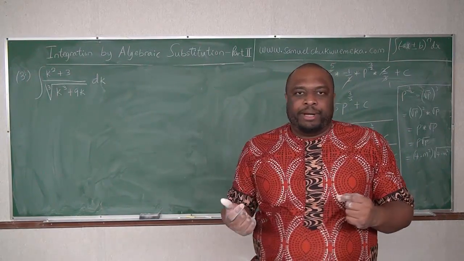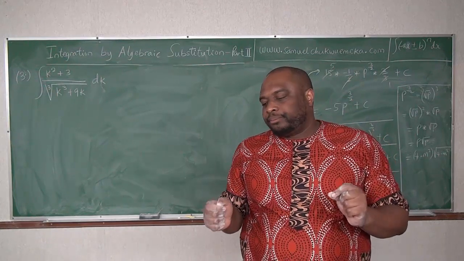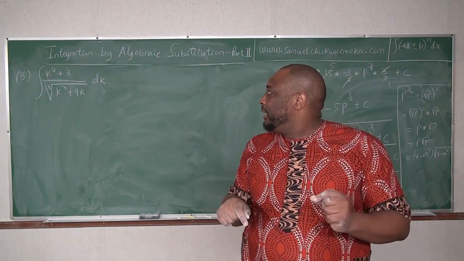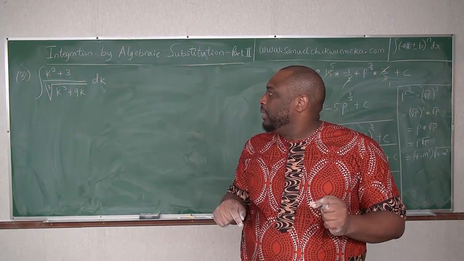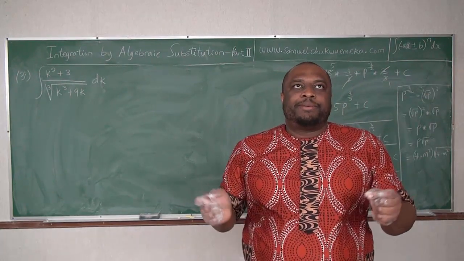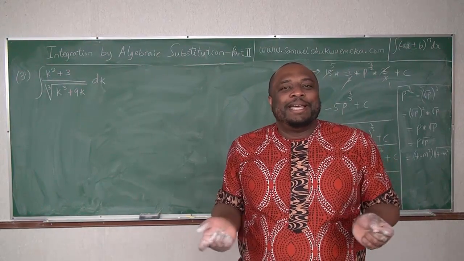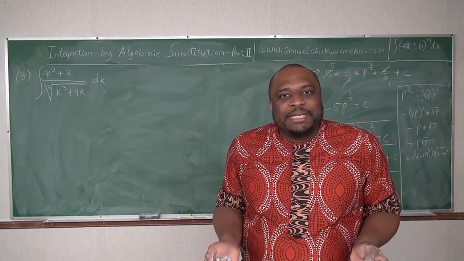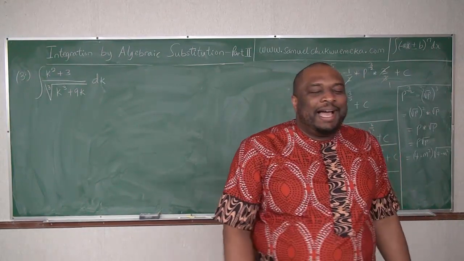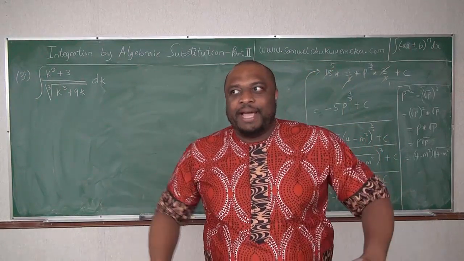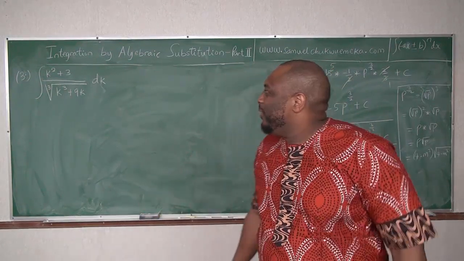If we use the numerator, k squared plus 3, p equals k squared plus 3. I like using p because I like being positive. I don't like being negative.